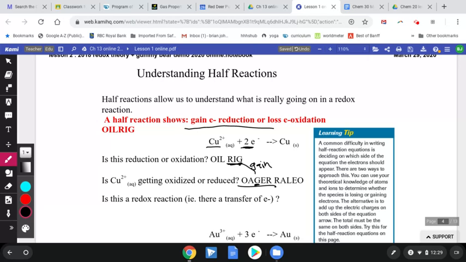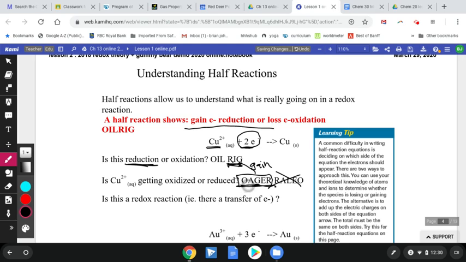So once we recognize that the electrons are on the reactant side and they're being gained, we can go, okay, RIG, gained, it's reduction. Reduction is a gain. And we can talk about the copper 2 plus. Is it an oxidizing agent or a reducing agent? Is it getting reduced or oxidized? Again, it's a G for gain, so this is the one we're after.